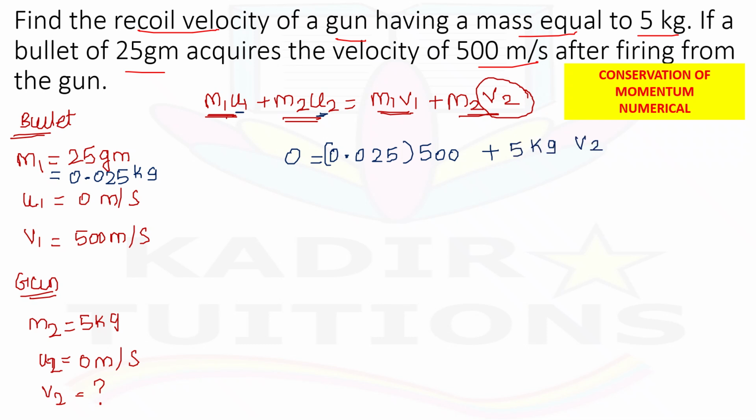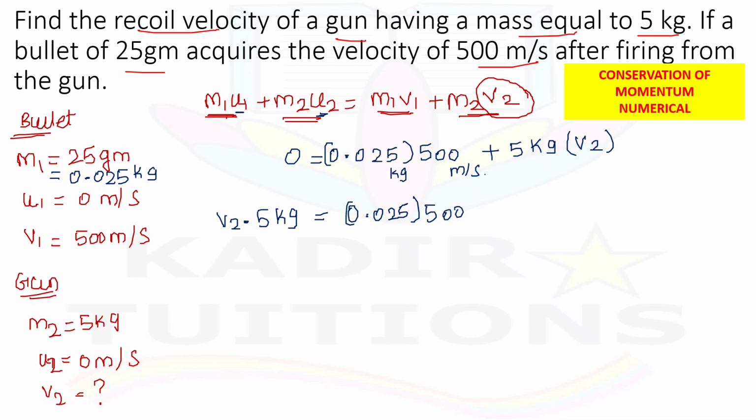We don't know v2, so that is what we are going to find. Here we will also write the units so that we get the final unit properly. This mass is in kg and this velocity is in meter per second. Now I will move the 5 kg, and write v2 into 5 kg equal to 0.025 into 500.